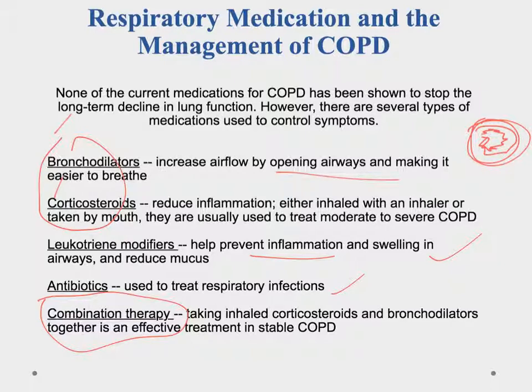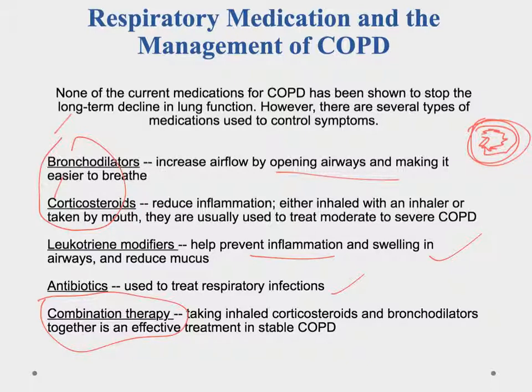So superinfections in the mouth can occur with an inhaled steroid. They're putting steroids into their oral cavity, which decreases inflammation and the immune response. This can put them at risk for getting thrush, which is a fungal infection in their mouth. So it's important that you educate a patient to rinse their mouth out after they use a steroid inhaler, and that should prevent this from occurring.